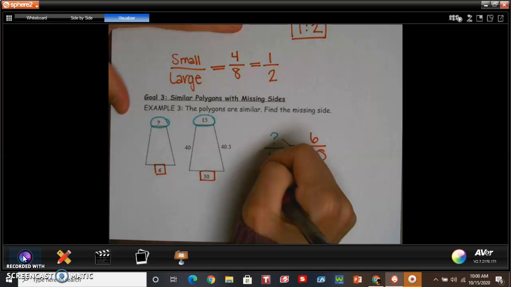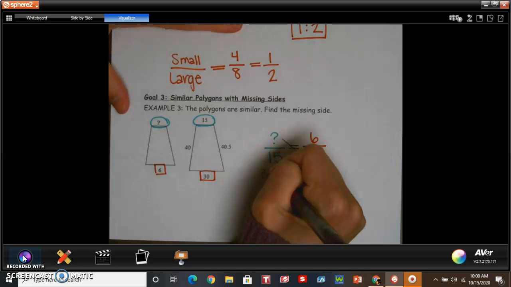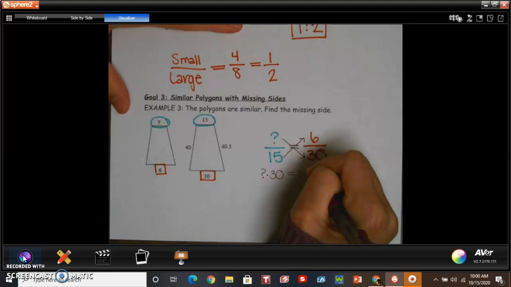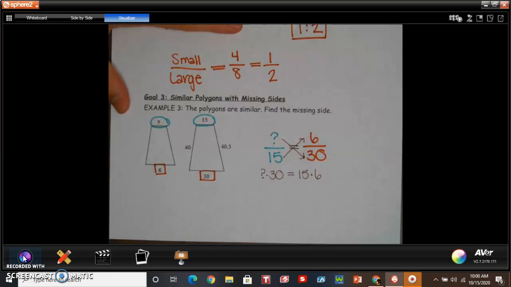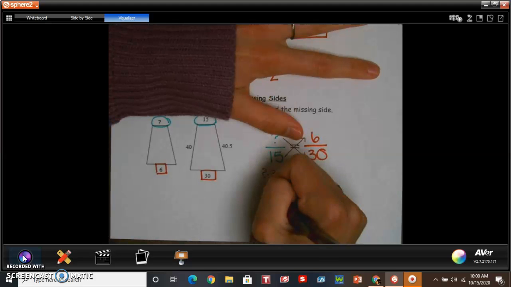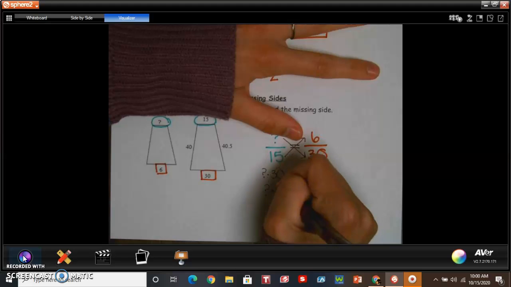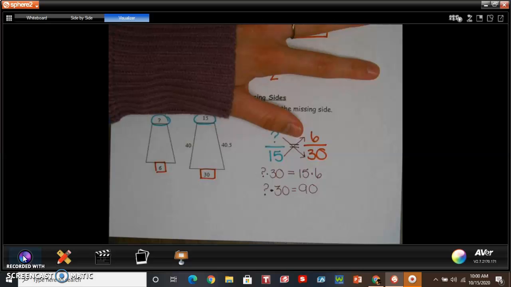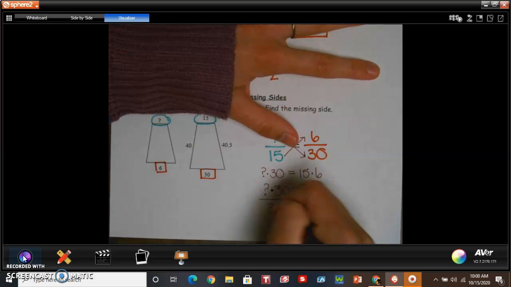So I'm going to have question mark times 30 is equal to 15 times 6. Let's use our calculators because they are there to assist us. So 15 times 6 is 90. To solve for our question mark, we divide by 30.